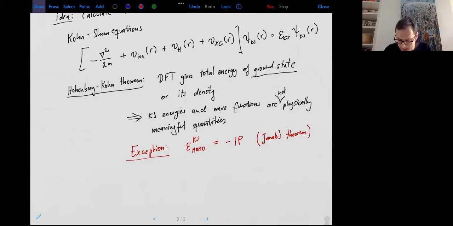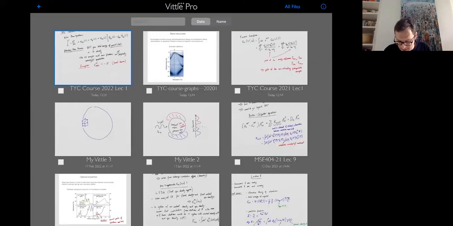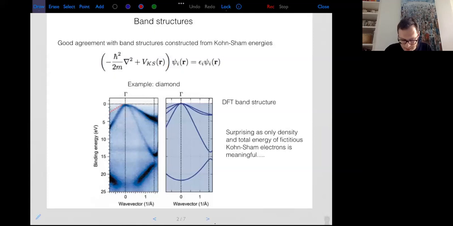So a lot of people actually do compare these Kohn-Sham energies to the measured quasi-particle energies, and quite often you get a pretty good match like here. Again, on the left is the photoemission spectrum of diamond, and on the right is a DFT band structure. Now, they've cheated a little bit in this paper. They have actually stretched this DFT band structure. They've rescaled the y-axis to make the agreement better.